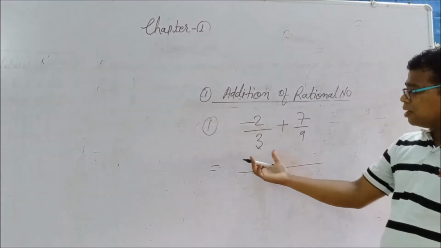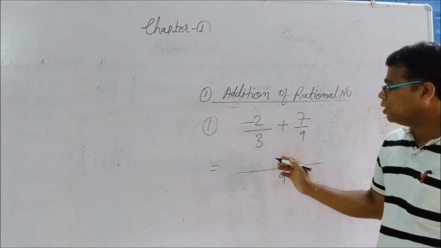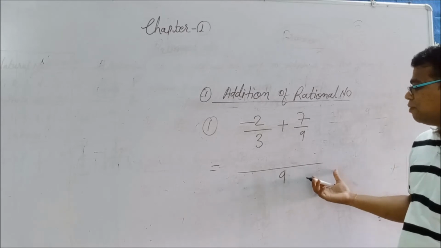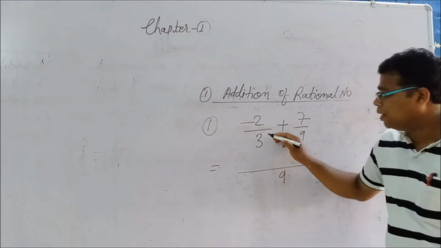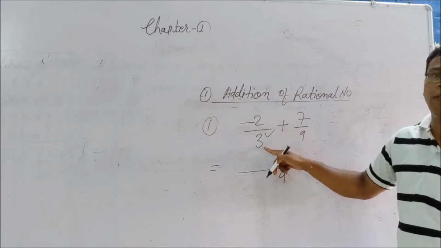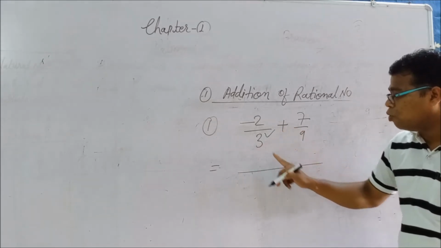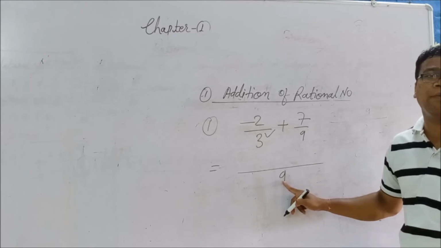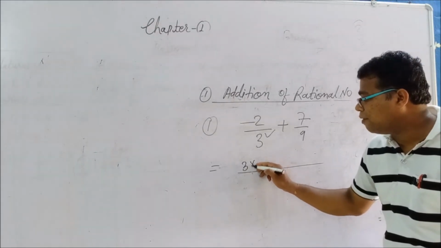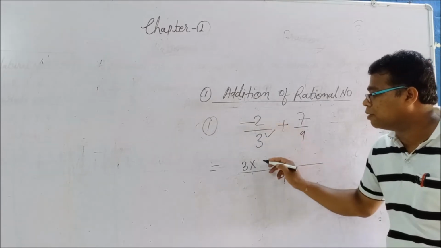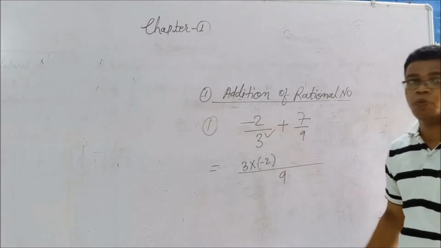Right now see here, most of the students face many difficulties, so be very careful. What do we have to do? Right now we have to decide our first denominator, 3. In the table of 3, how many times does 9 come? 3 times, 3 3s are 9. So that 3 we have to multiply with the numerator, means with the minus 2.